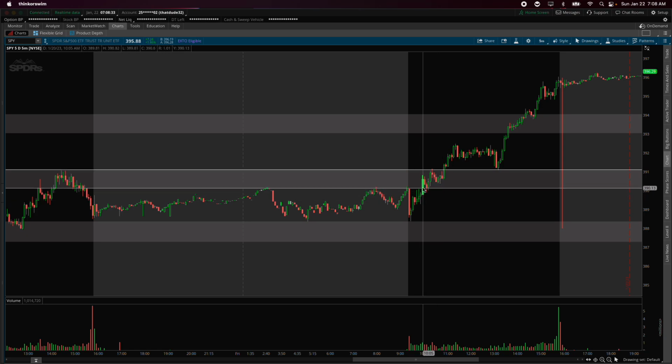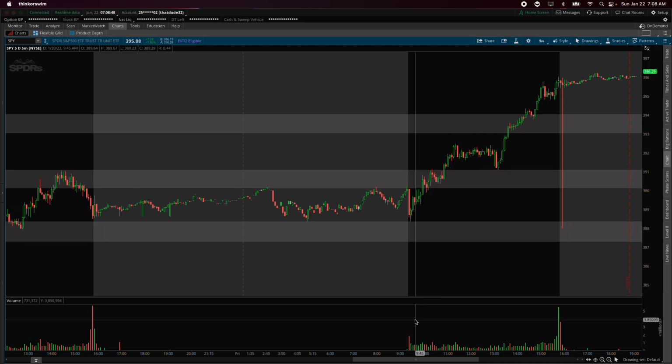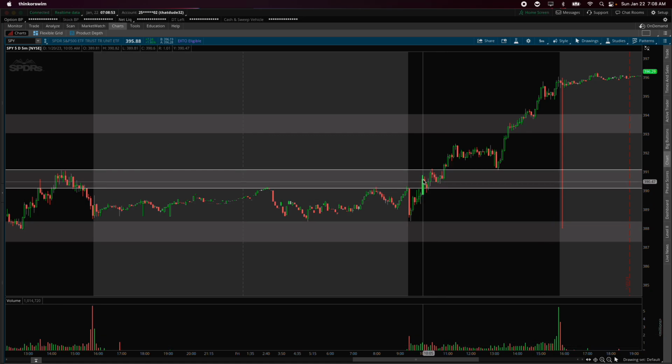See, you come up in here, you get a little wick, rejection, comes down. I'm not entering the zone right here just off of what I'm seeing in the first candles that are touching it. What I'm looking at is the volume. I'm seeing, what's the volume saying about this price action?